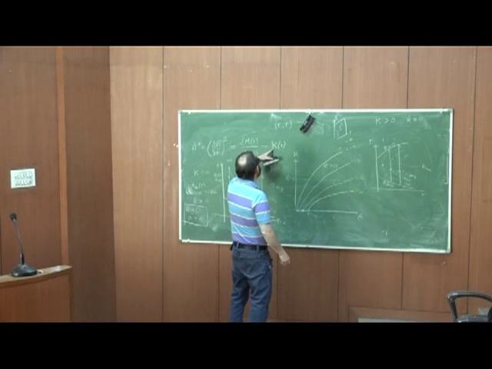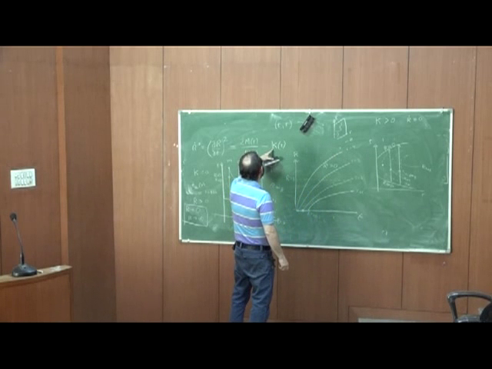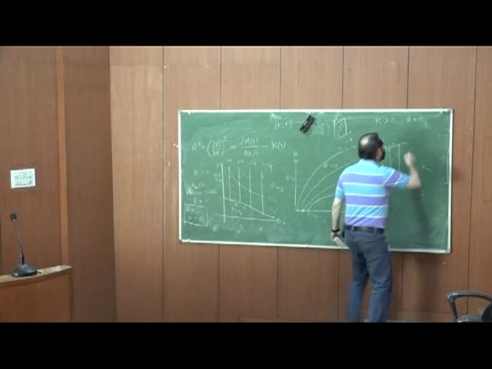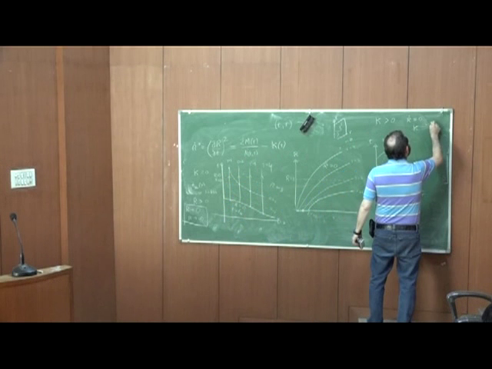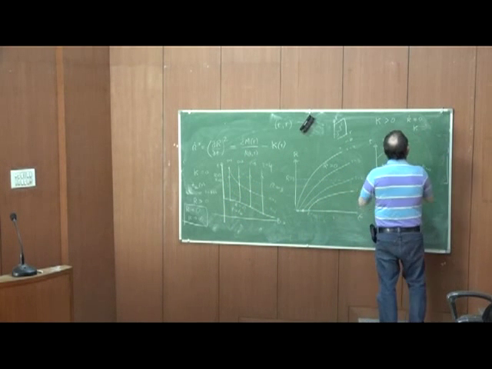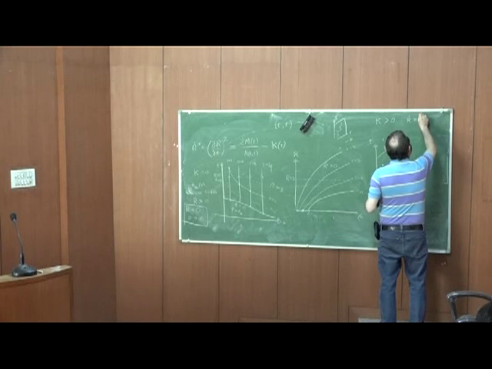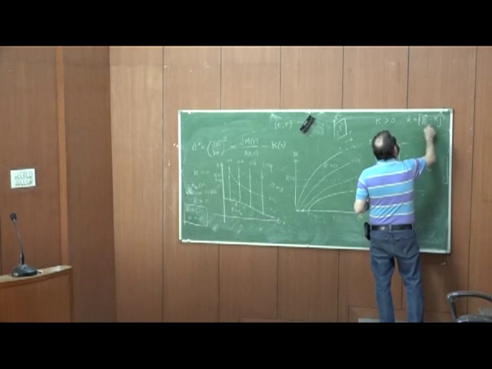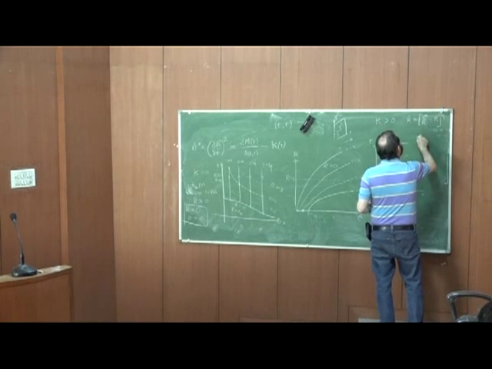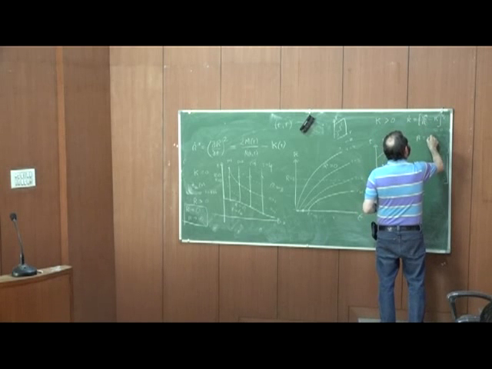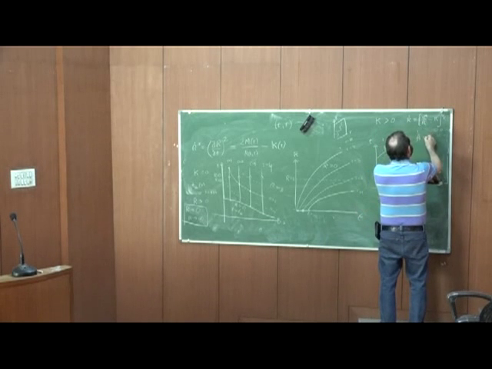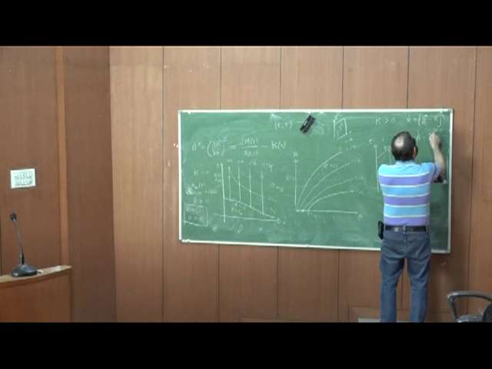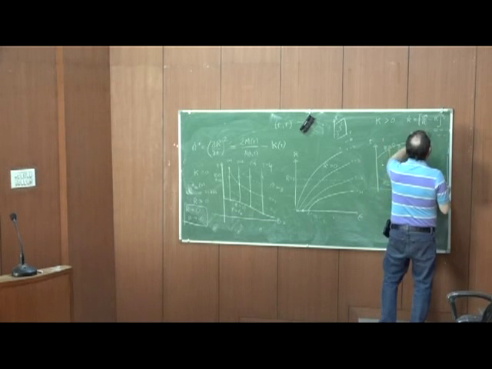If this is positive, then there is a value where r dot equals 0. So r equals 2m over k.